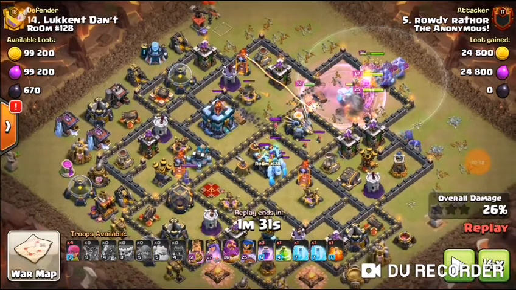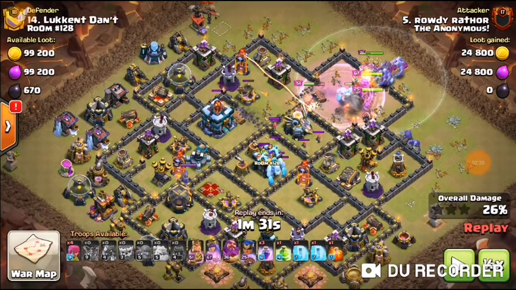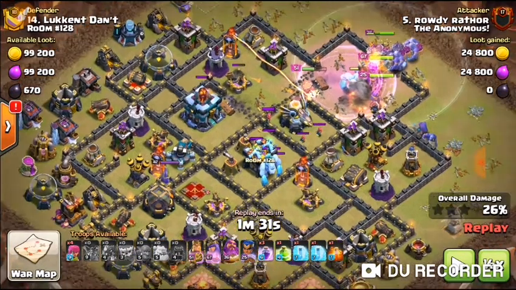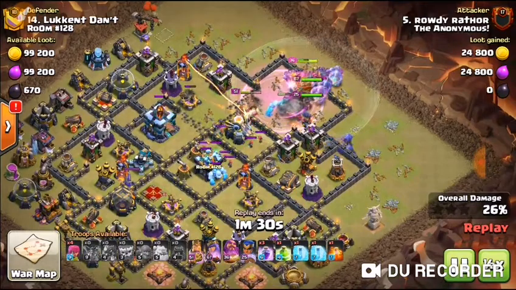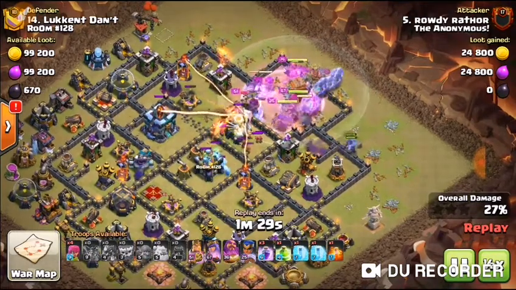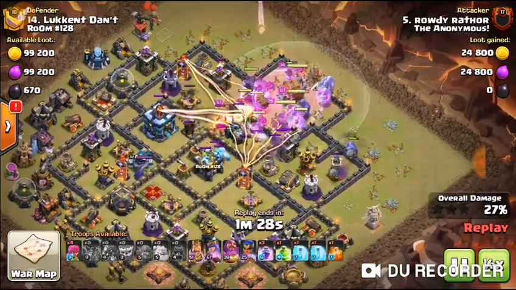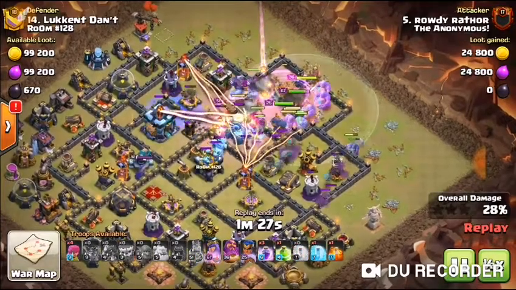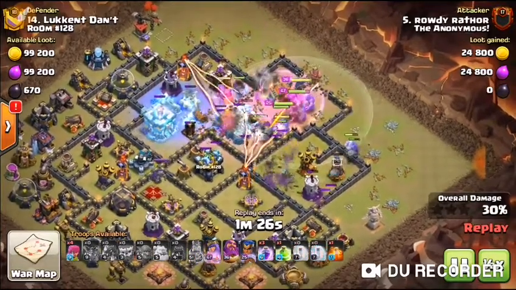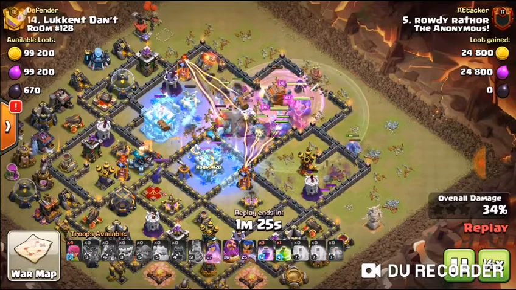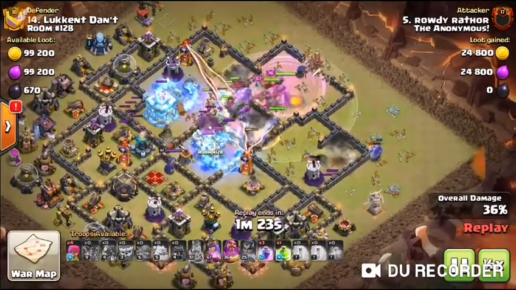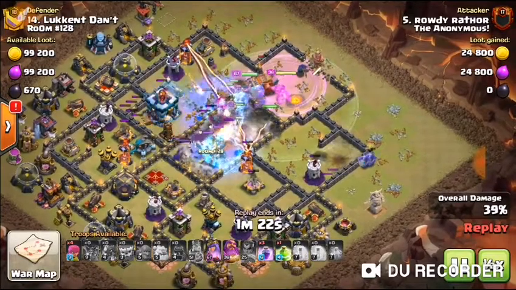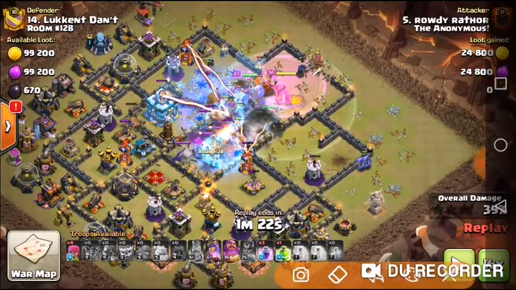See, guys, he has used one rage spell, and in this rage spell there are some golems, bowlers, and yeti. See its effect. Okay, most of the bowlers have started moving so fast, and have almost cleared the area covering the rage spell.